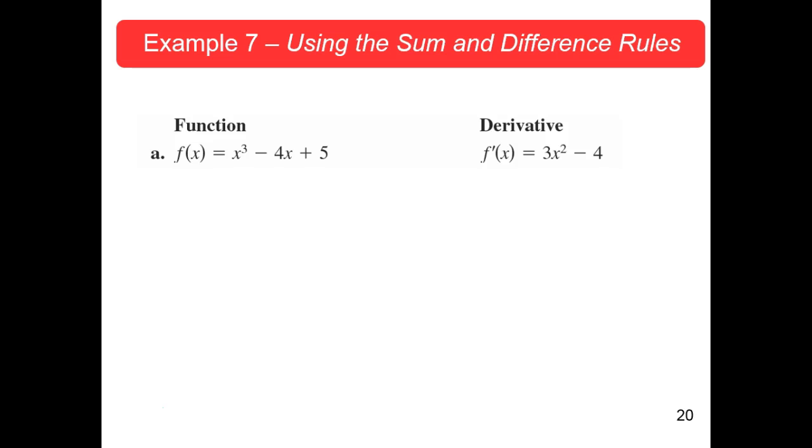F prime of x would be, what's the derivative of the first part? 3x squared. There's that part. What's the derivative of the next part? Say again? Minus 4. There's that part. And what's the derivative of plus 5?